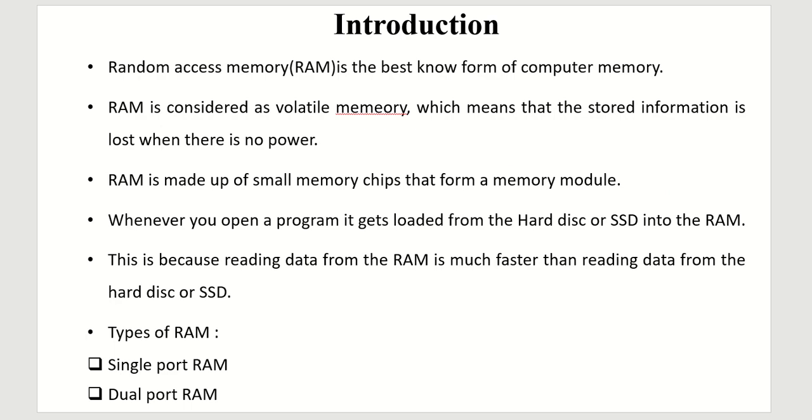Introduction. I did an internship in this company for 1 month, and I learned System Verilog. In System Verilog, I chose one program, the RAM program. Random access memory is the best known computer memory.